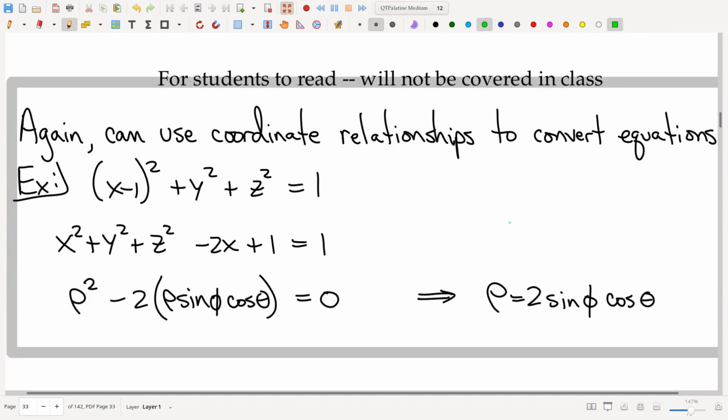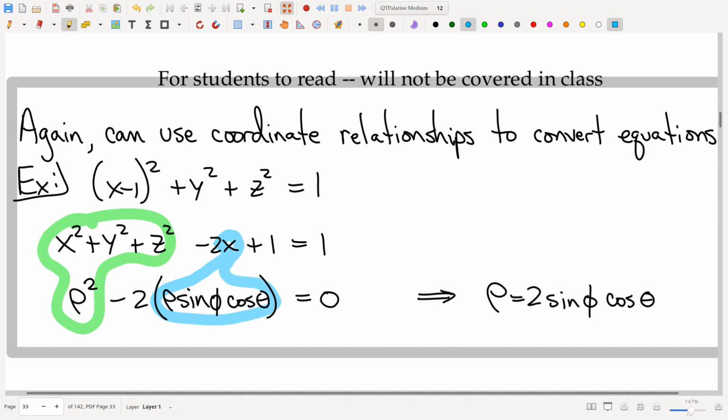Okay, again, a nice little easy one. I'm going to let y'all read this mostly. This is something you do need to know how to do, but it's pretty straightforward. If you want to convert an equation from rectangular to spherical, after you multiply out that x minus 1 quantity squared, all you have to do is notice that x squared plus y squared plus z squared is rho squared, and recall that x is rho sine phi cosine theta, and it falls in your lap.